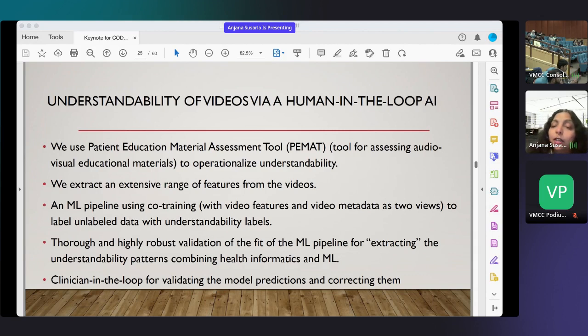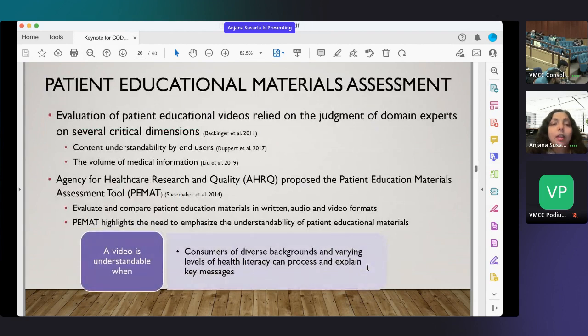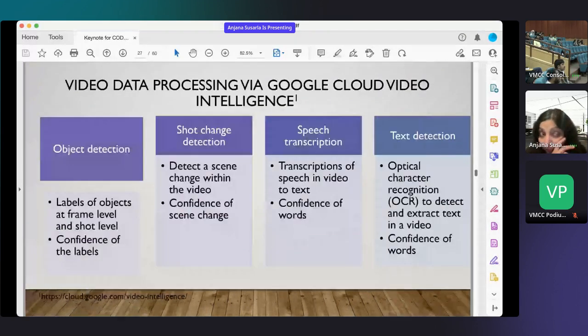Our approach allows public health experts and clinicians to validate the model prediction as a sort of human-in-the-loop AI approach. We can then evaluate and compare patient education materials in written, audio, and video formats by considering content understandability by end users.